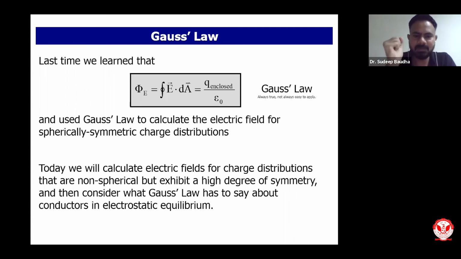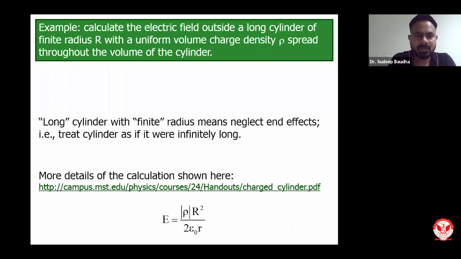Today we will calculate the electric field for charge distributions that are non-spherical but exhibit a high degree of symmetry, and then consider Gauss law to find the behavior of a conductor in electrostatic equilibrium. That is our last stage. Today we will be seeing some examples, so let us see what we are going to do today.